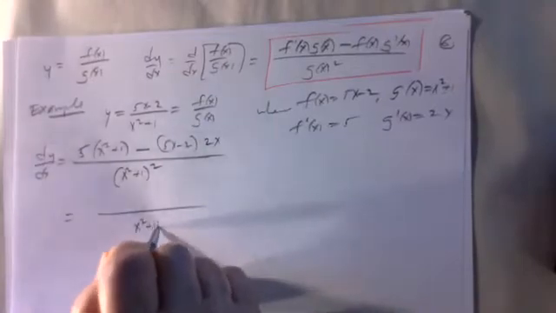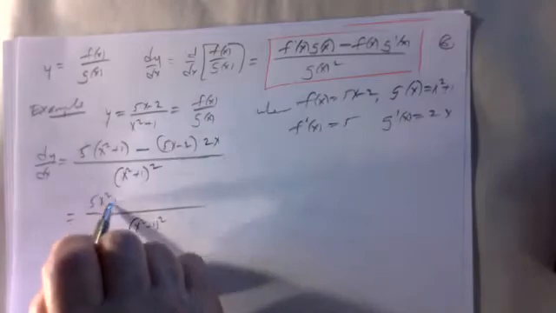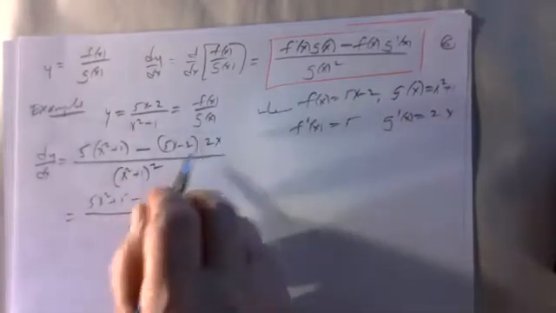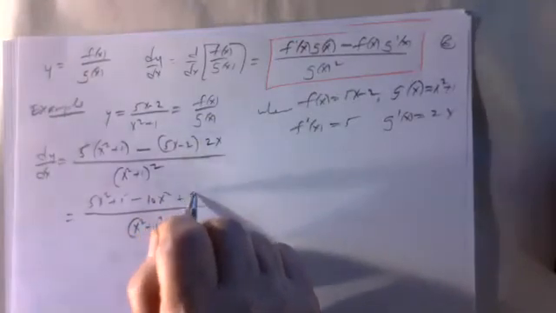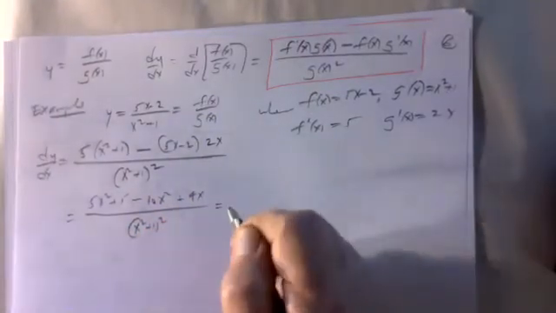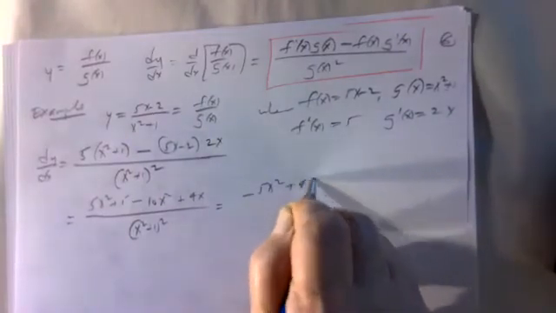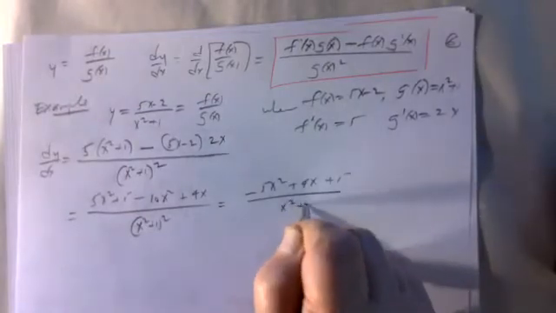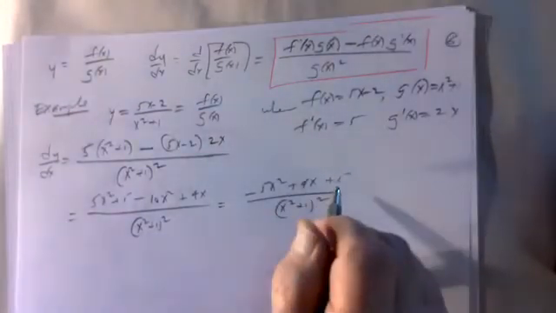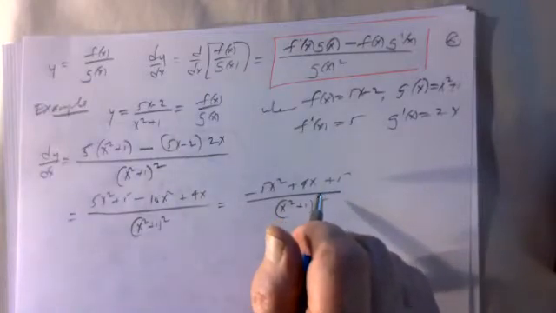So when you expand it, 5x squared plus 5 minus 10x squared plus 4x. So this is equal to minus 5x squared plus 4x plus 5 over x squared plus 1, squared.